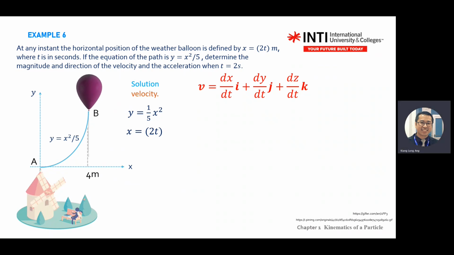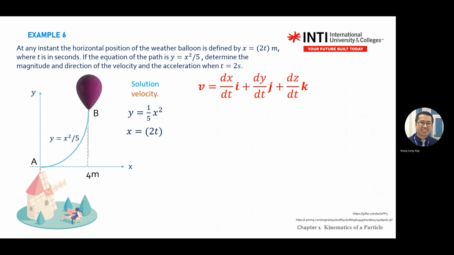You know the velocity is dx/dt, the y direction is dy/dt, and z is dz/dt. In this case, you don't have z. It's a two-dimensional problem, so z is cancelled. This is a differential equation. dx/dt is differentiating this one. dy/dt is this one.